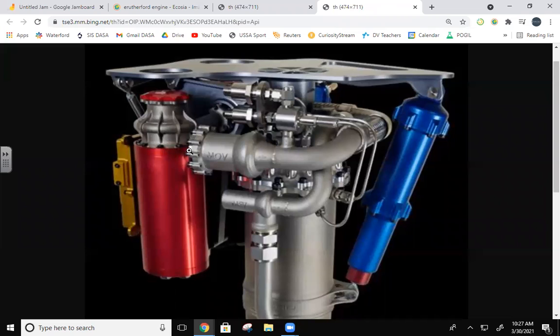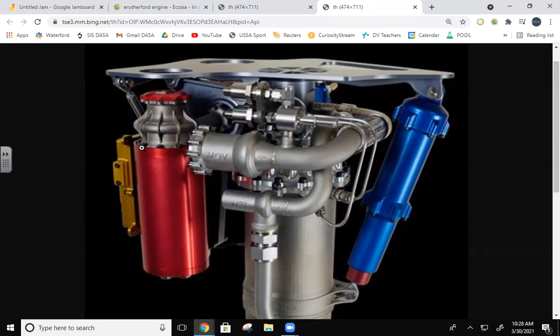It's essentially the same kind of electric motor that you'd find in an electric vehicle. This thing can go at several thousand RPMs. And they use batteries to fuel it, lithium polymer batteries, which are pretty cool.